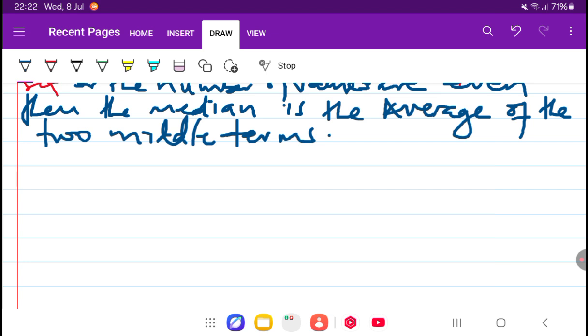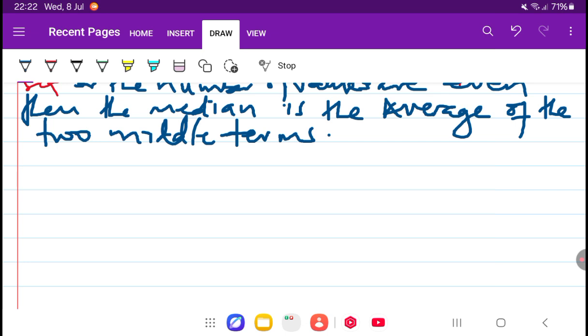Whenever we are talking about the median, just know we are trying to look at the halfway point in the data set.